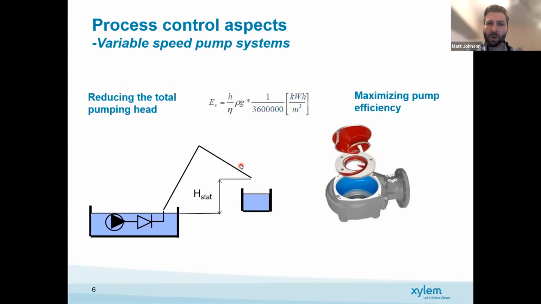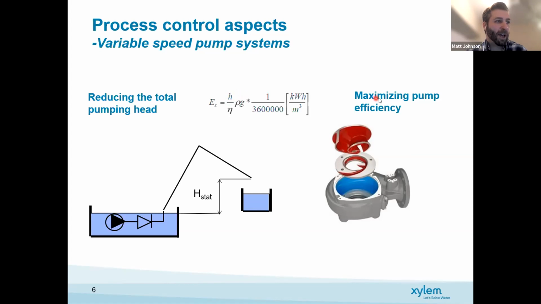So you can actually use this equation here to figure out how effective a VFD will be at helping you reduce your energy consumption and reduce your specific energy. So you can use that VFD and do two things. You can adjust the head of your system, the H up here.